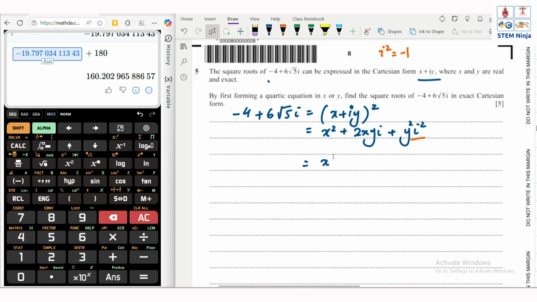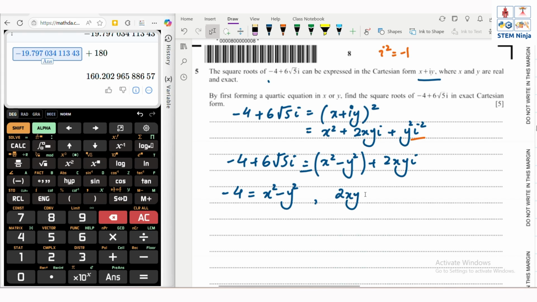So this becomes x squared minus y squared plus 2xyi, and over here we have this. So these two sides are identical to each other. So the real part will be equal to the real part, imaginary part identical to the imaginary. So minus 4 equals x squared minus y squared, and 2xy equals 6 root 5.